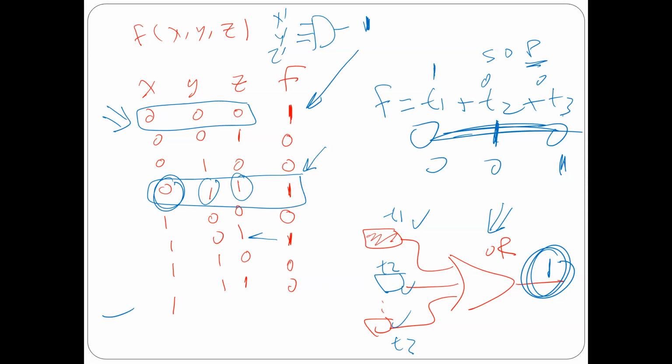Any 0, you need to complement the variable. Any 1, just keep it, so that the input of the AND is 1, 1, 1, and then I get 1. So that's why here it's actually X prime, Y, Z. This is the second term. For this term, it's actually X, Y prime, Z.